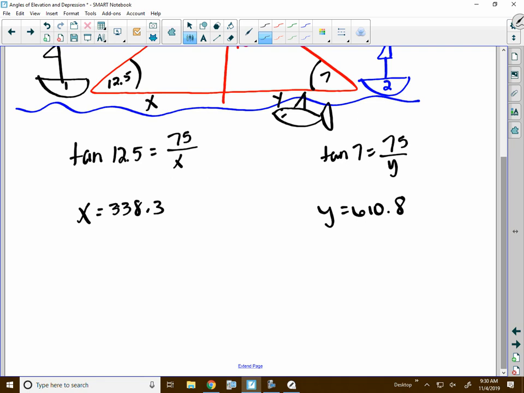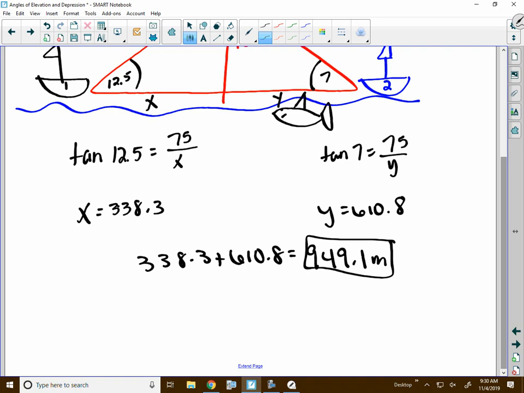Okay, are we getting those answers? Now to get that total distance, we just have to add them up. I don't remember what the answer is. Was it meters?